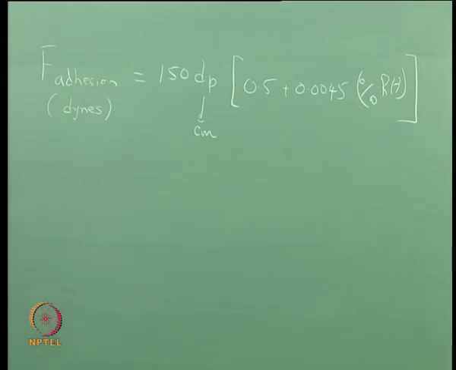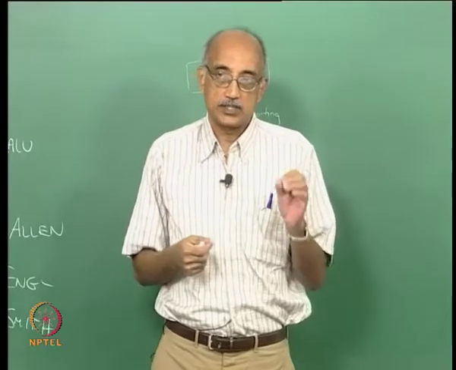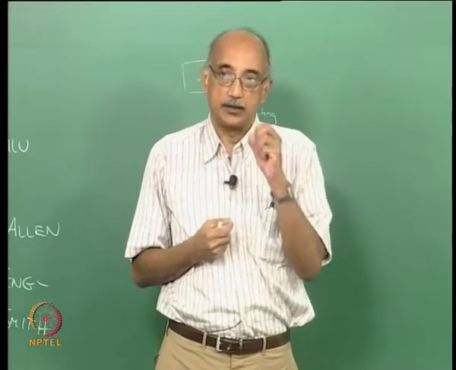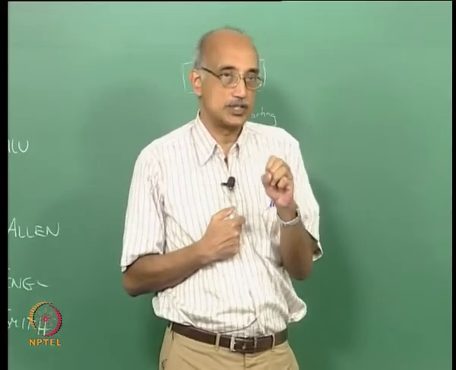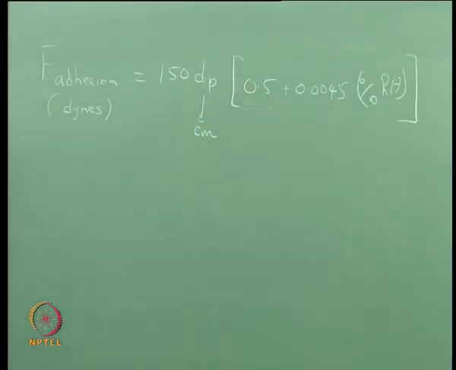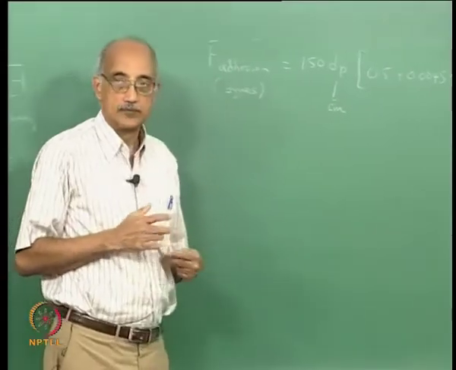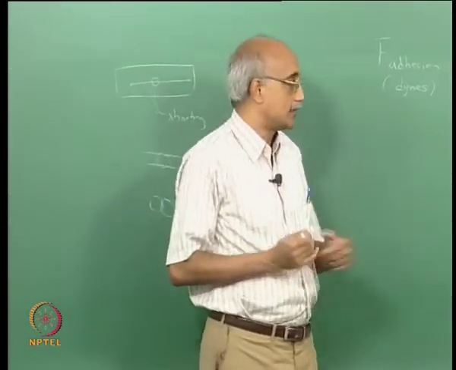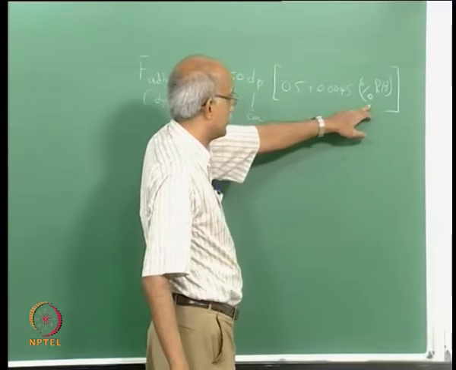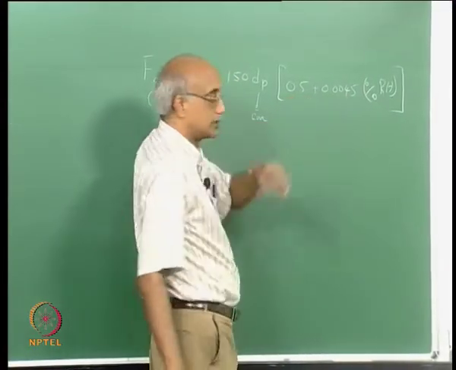Now this is an interesting equation because it says that adhesion forces basically scale as particle size. In other words, the larger the size of the particle, the greater will be its force of adhesion to a surface, and it's basically a linear dependence. It also says that the relative humidity plays a huge role in this. In fact, when you go to 100% relative humidity, this term becomes comparable to this term.